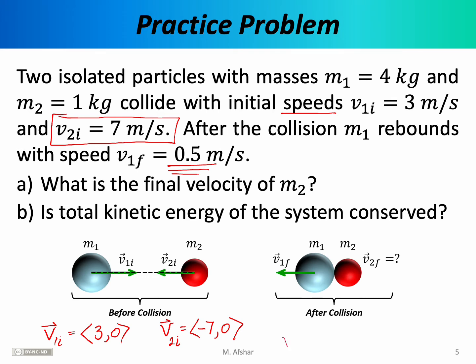So when we write v1f as a vector, we should write it as -0.5, 0, the minus sign indicating that it's moving in the negative x direction. So equipped with this information and the masses, can we figure out what object 2 is doing after the collision?